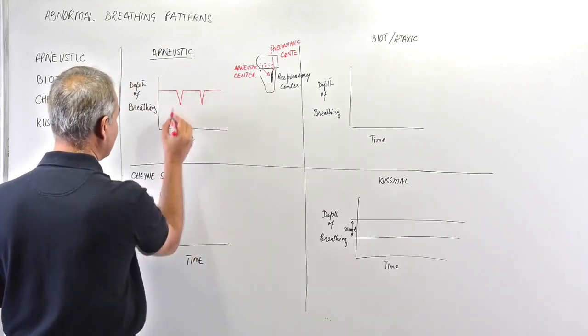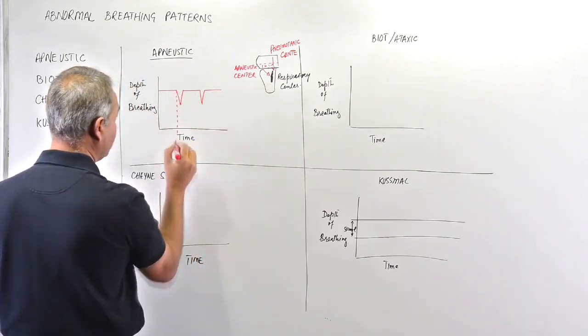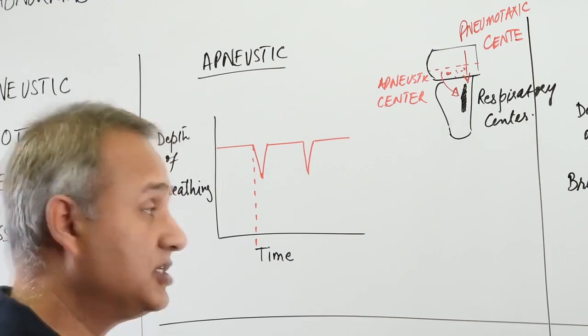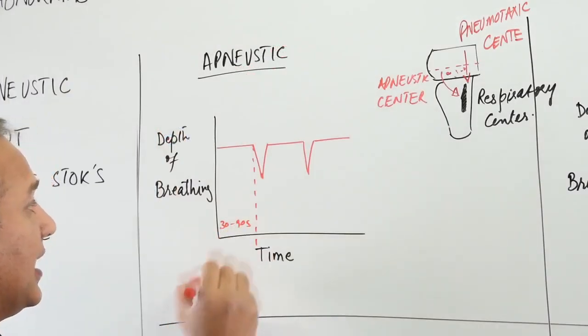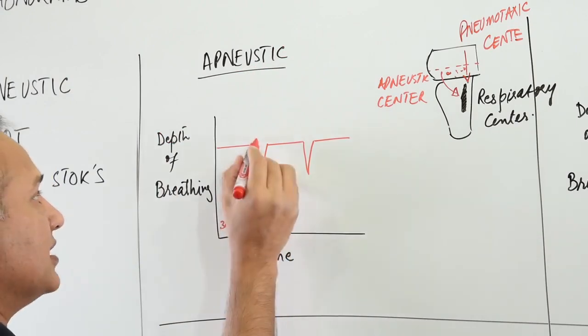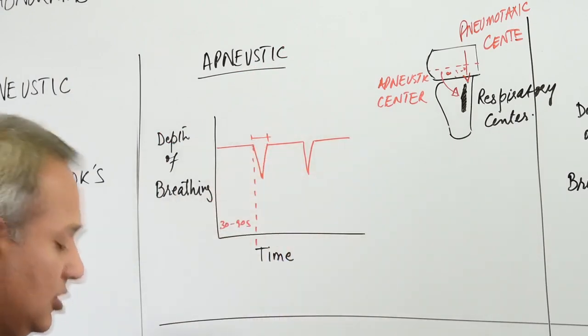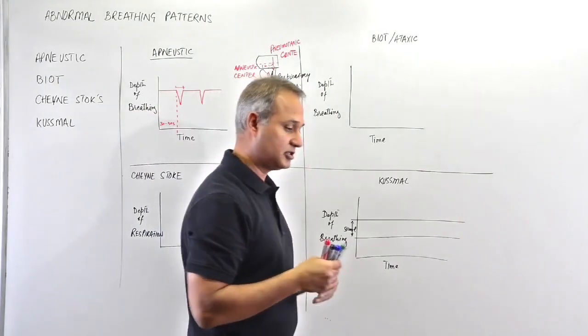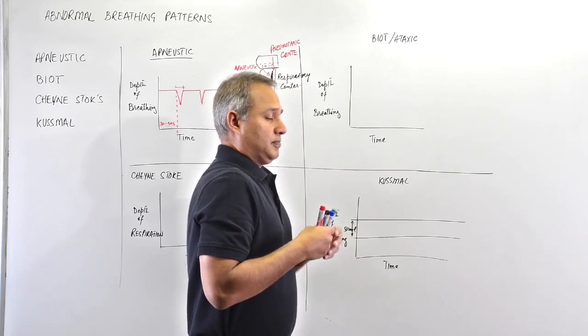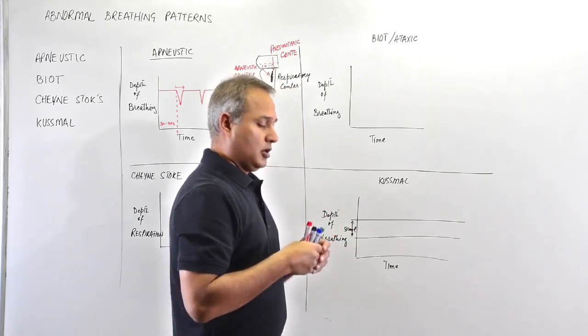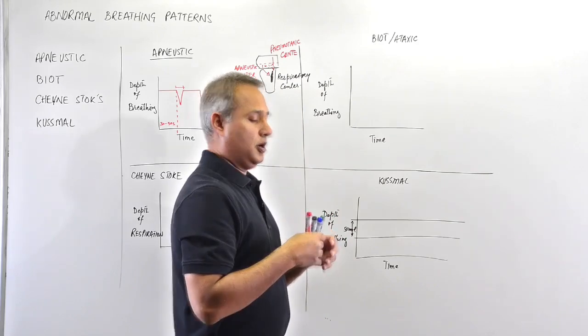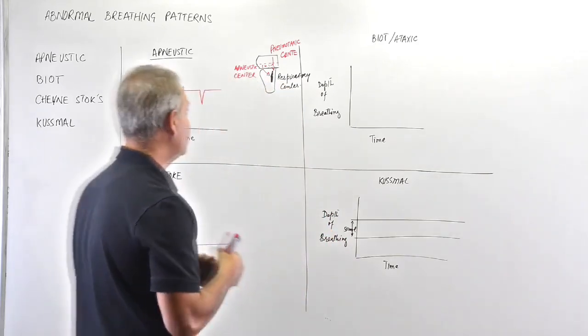The time taken for one inspiration can be from 30 to 90 seconds, and the expiration time is really short. So you'll see the patient doing this. So that is the apneustic breathing.